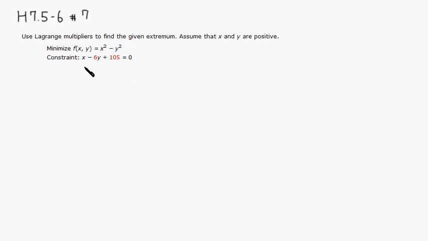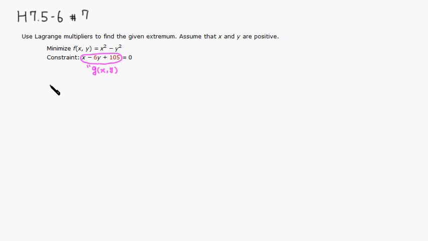Alright, so again, first thing to do is I'm going to identify g of x, but in this case right here, this is our g of x comma y. So this is our g of x comma y.